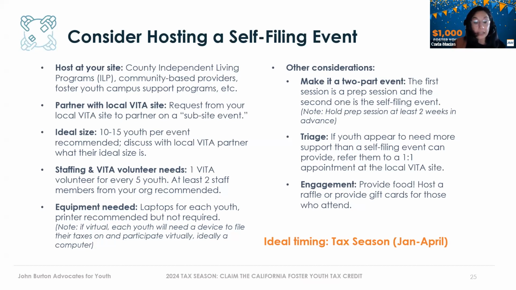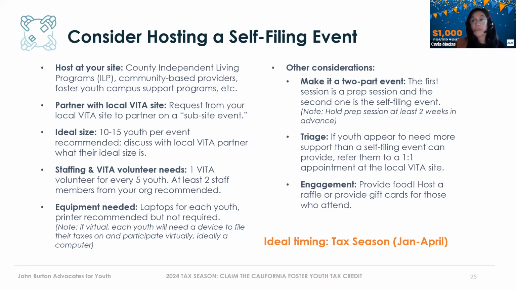And for staffing, in my experience, you should have a 1-to-5 ratio of VITA volunteers to foster youth. If you have an in-person event, you want at least 2 agency staff present for any logistical issues at your agency. And for the virtual event, one should be a host.